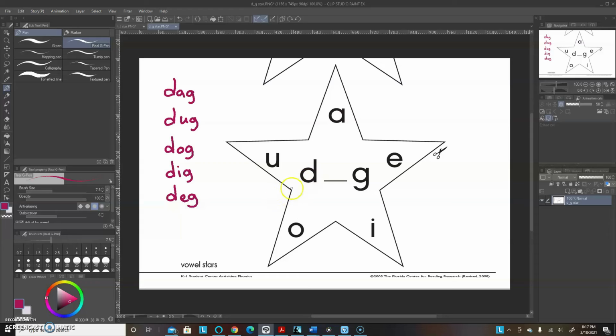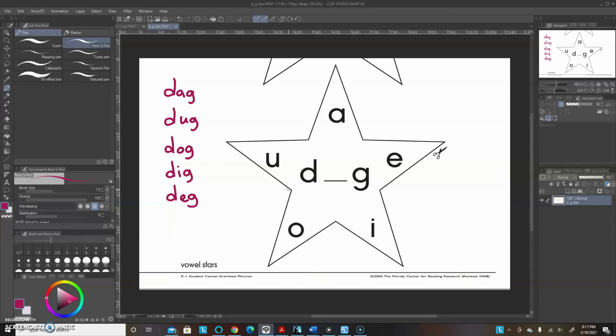Even though not all of these are actual words, it gets the point across that even though the words look very similar, and they're very similar in the way we write them, the vowels themselves change the word because of their sounds.